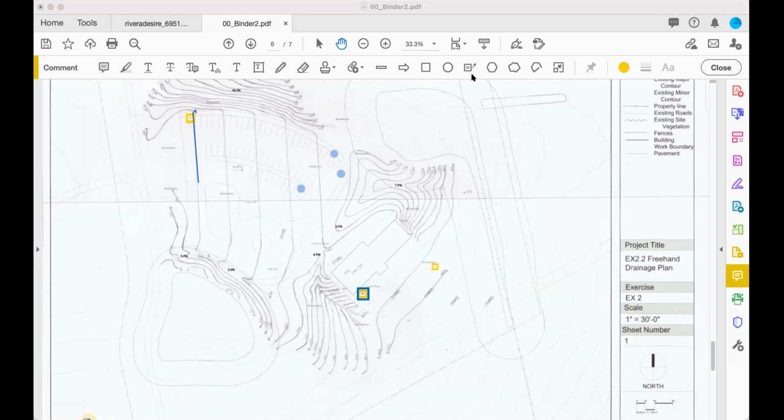Seems like this is 12, but I cannot be sure. 11, maybe 10. I think it might be 10. Yeah, that should be 10 because you're connecting to the thick line there.